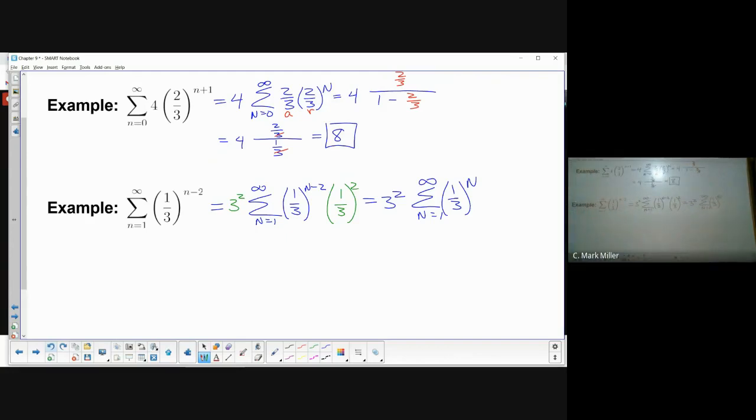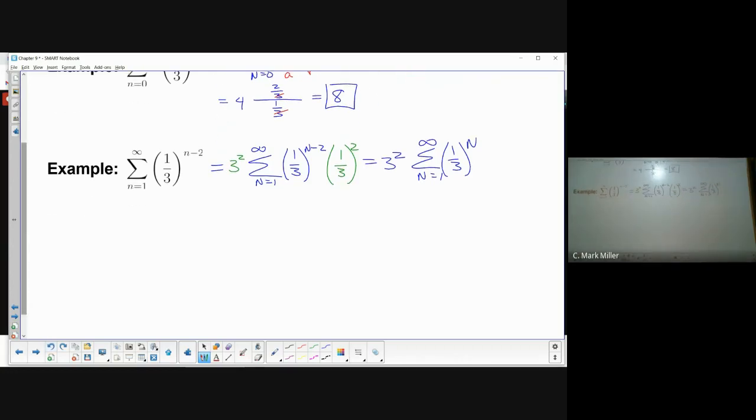Now, what's the next thing I've got to do? I've got to make that n equals 0 at the bottom. You could have done this first, by the way, if you wanted to. Might be easier, I don't know. So let's see. That sum there is going to be 3 squared times, I need some brackets, because I'm going to do sigma n equals 0 to infinity.